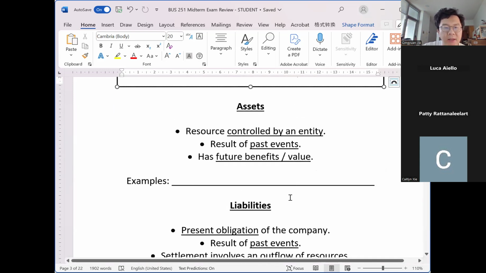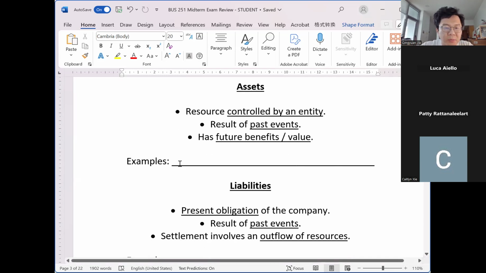So secondly, let's talk about assets. Assets are some resources controlled by an entity, and they are the result of past events. They have future benefit and value.